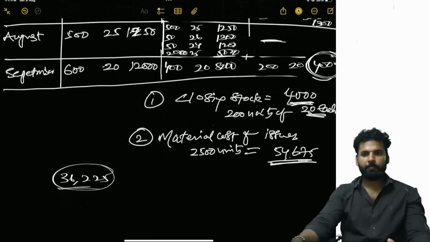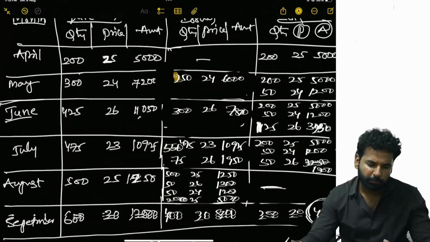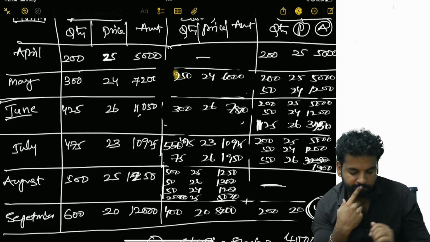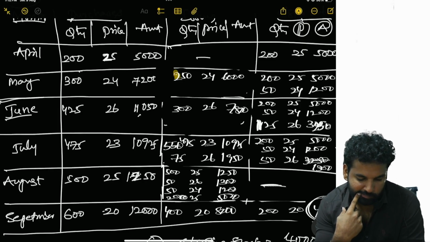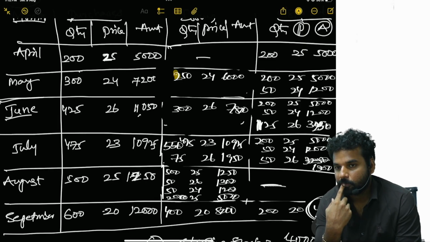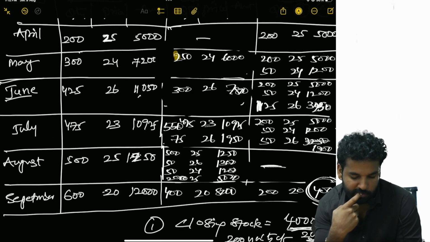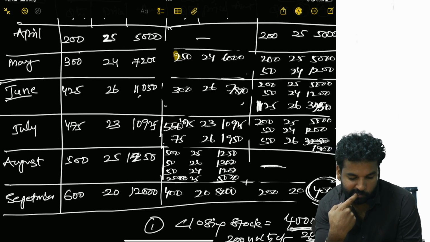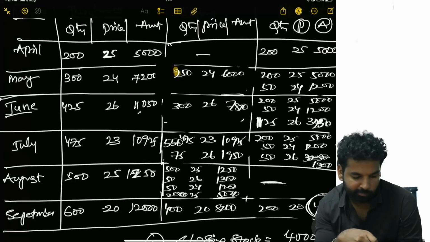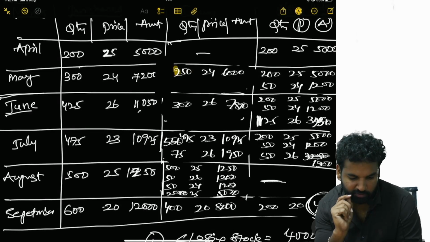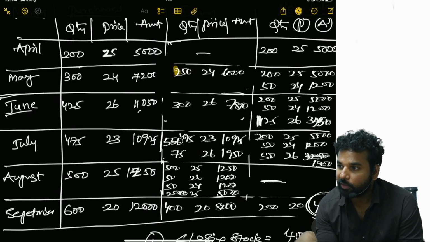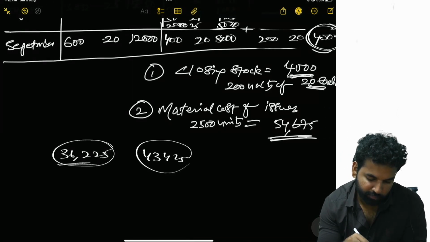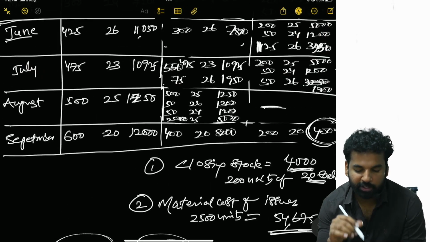Okay. Is it correct? There will be difference, but this much difference will be. 6,000, 7,800, 10,000, 40. 3,000. Okay, but anyway, closing stock is same.